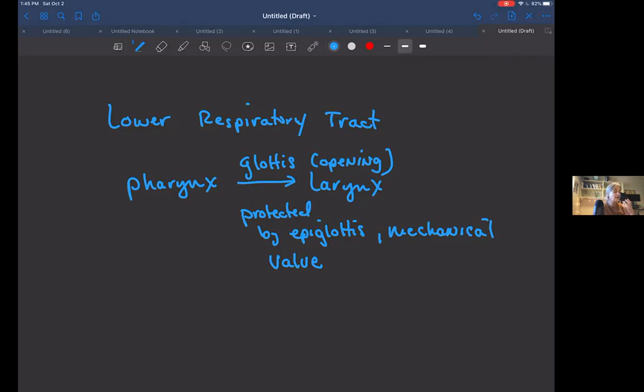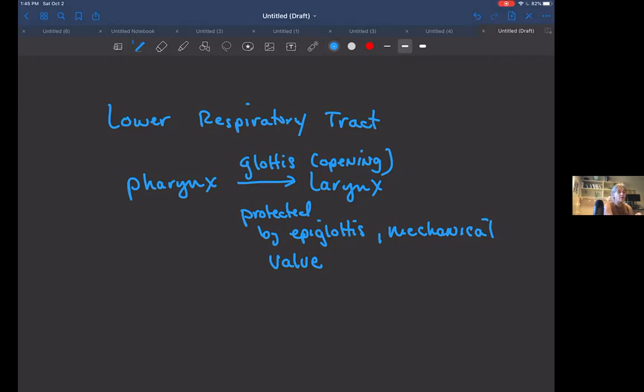In males, the larynx tends to be larger. That largeness of the voice box is what is referred to as the Adam's apple, and because it's larger in males, it gives them a lower tone to their voice.